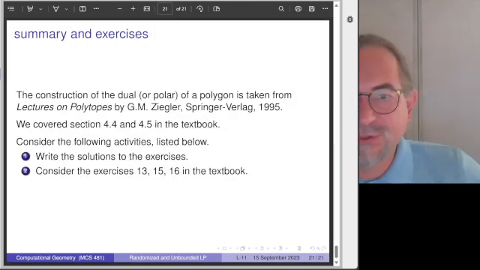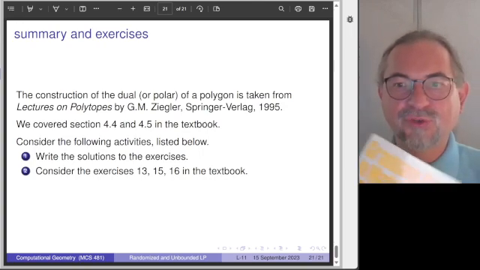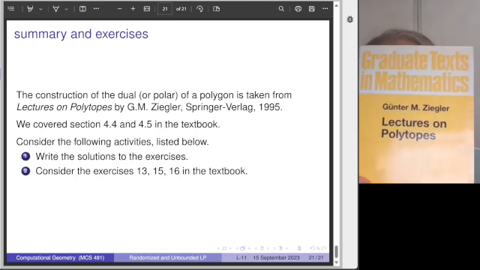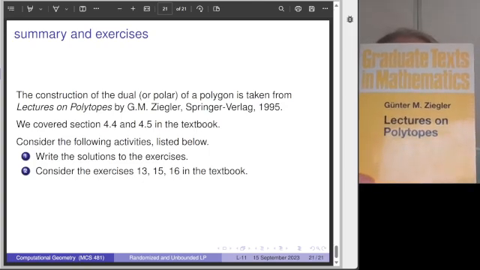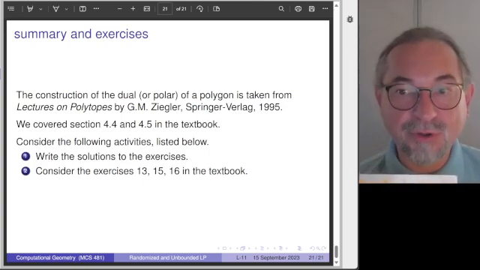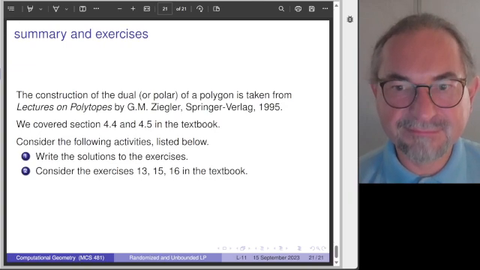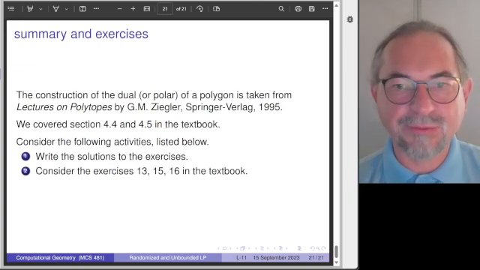So what I should point out is my source for the duality is this book here. So it's a graduate textbook. So in some sense, if you're not a graduate student, then you're safe to ignore this. What is on the slides should be sufficient.